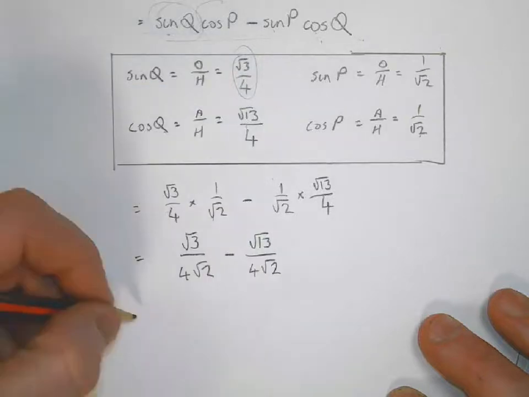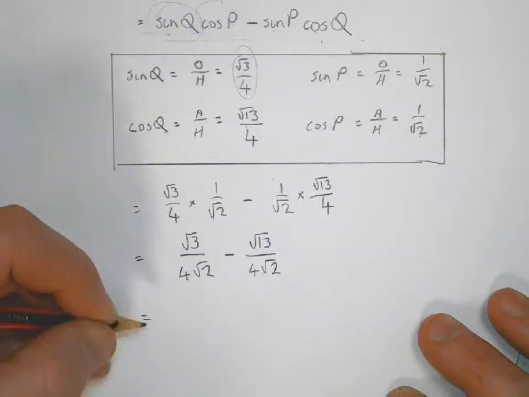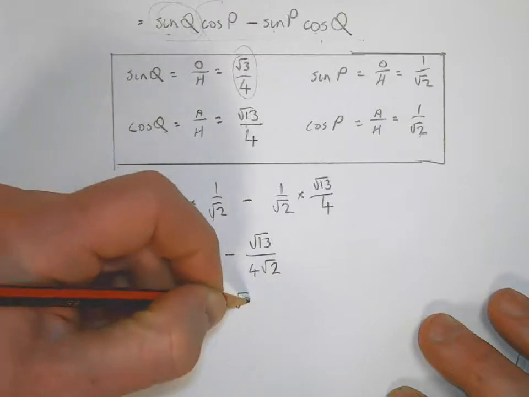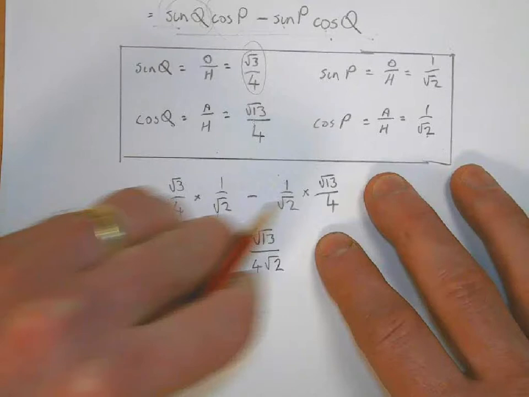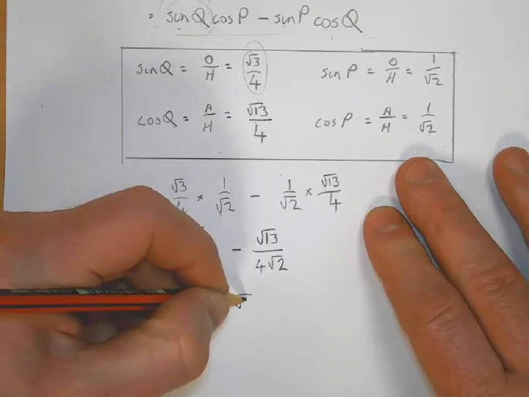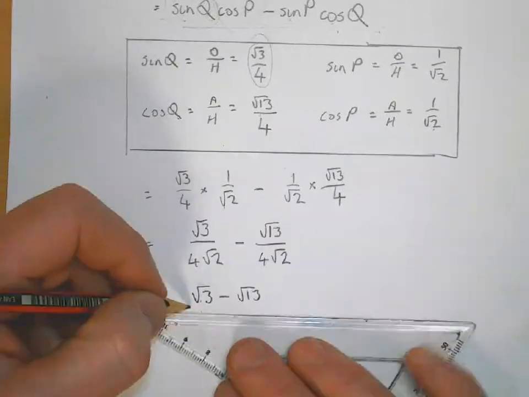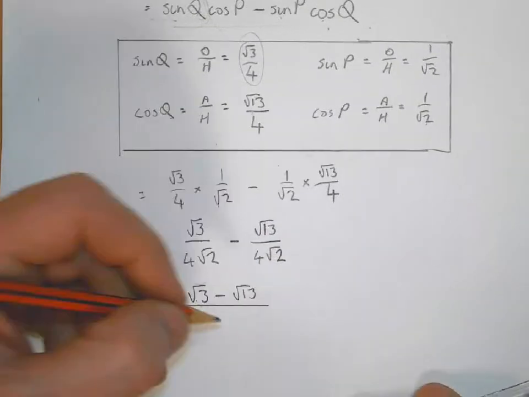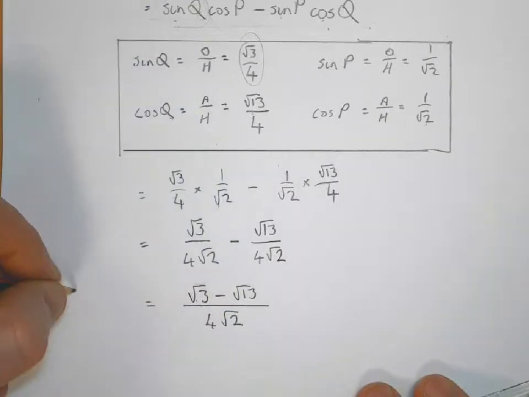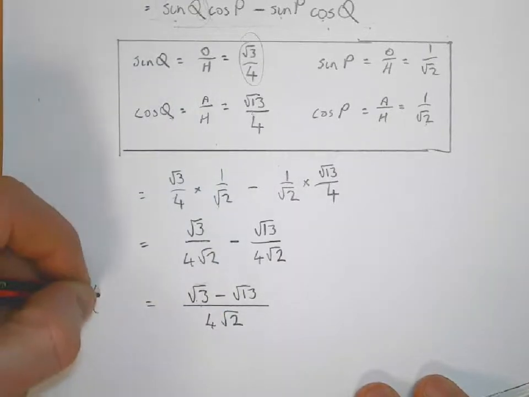And you end up with root 3, take away root 13, all over 4 root 2. So that's the exact value of sine of q take away p.